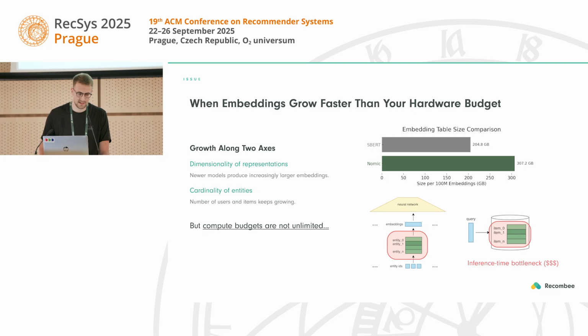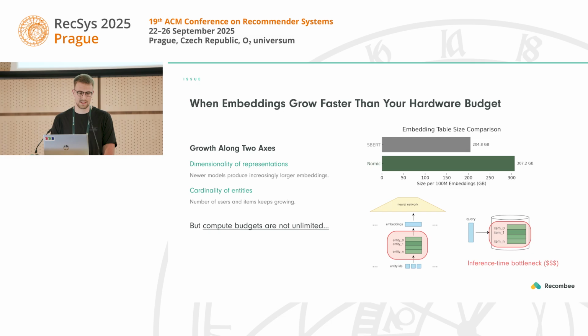And these embeddings are really useful, but they might pose severe issues when trying to scale to very large customer data. This is because the embedding tables grow along two complementary axes. The first is the cardinality of your entities, be it users or items. And the second is the dimension of the embeddings themselves.